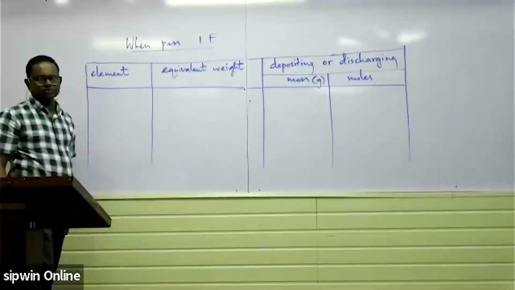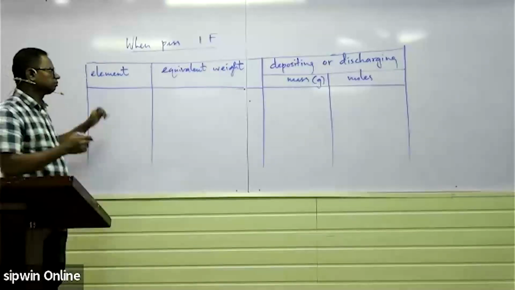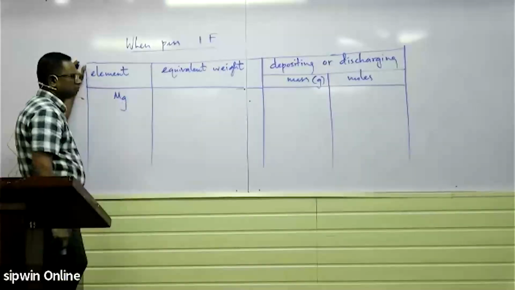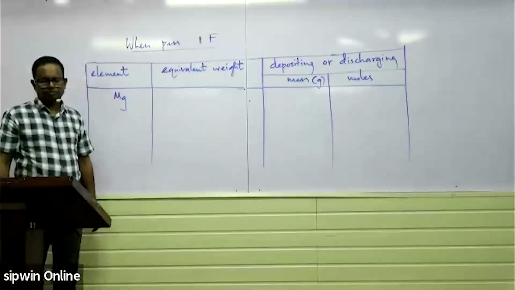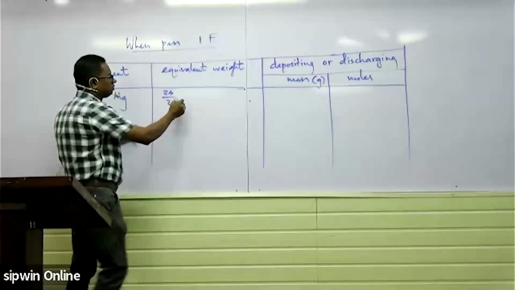We'll take a few examples. Magnesium: 24 divided by 2 gives 12.